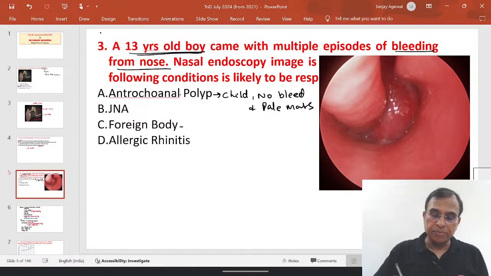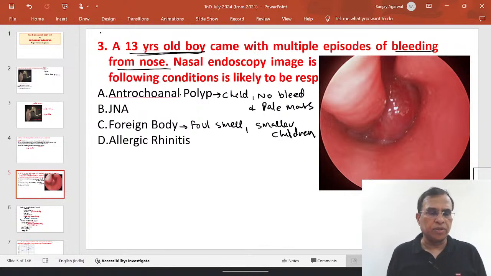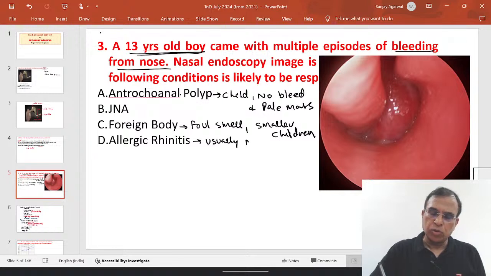Now foreign body, usually there is a foul smell. Foul smell is more common than bleeding. Bleeding can happen, of course, but they are seen in smaller children, not around 13 age group. And allergic rhinitis, usually no bleed.